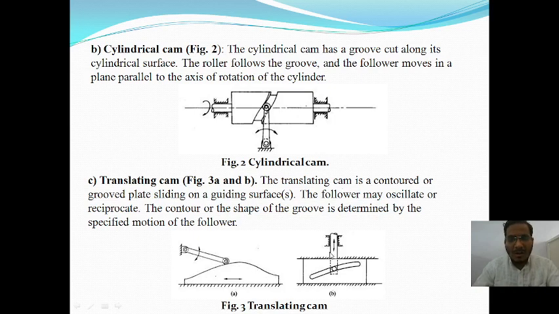The follower may oscillate or reciprocate. It depends upon the physical shape of the cam. But here we can control the shape of the groove to determine the specific motion.